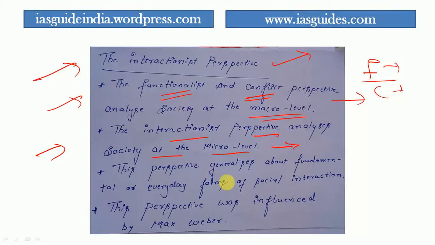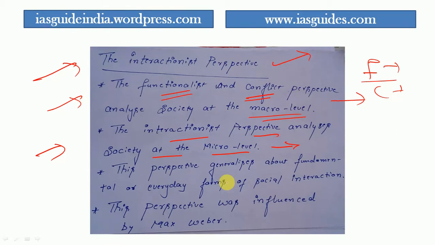Contemporary sociologists are more interested in understanding micro level facts, like two friends talking very casually, and analyzing what kind of conversation they are having. This type of analysis is of great interest to today's sociologists.